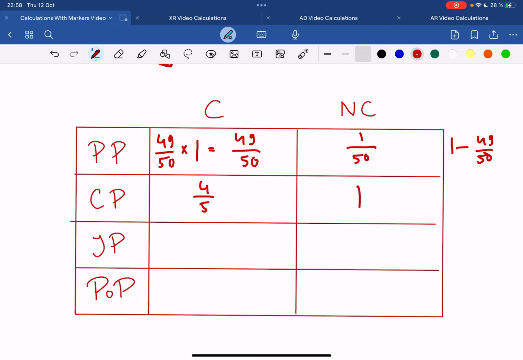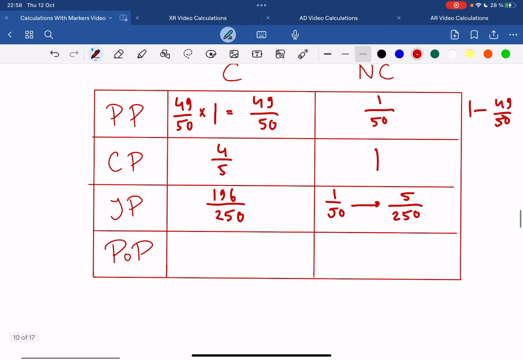Now for the joint probability, I wrote it down somewhere, and I did. 196 over 250. Well, here it would be 1 out of 50, which can be rewritten as 5 over 250.